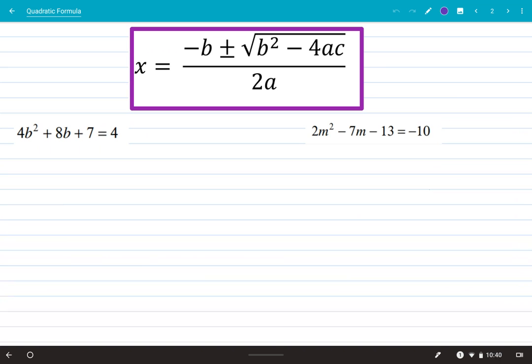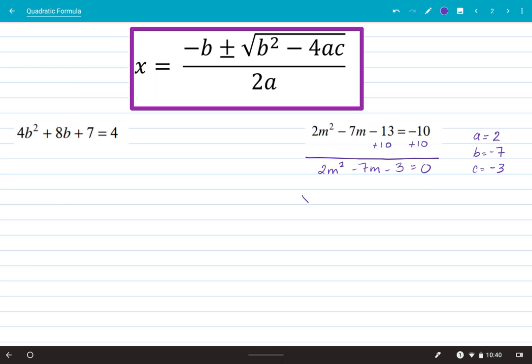Let's do maybe 1 or 2 to see how it goes. So I'm going to start with the second one. We want to move it to be plus 10. So we're going to go 2m squared minus 7m minus 3 equals 0. Find your A, B, and C. I even had students go over here and do A, B, and C if you want, whatever works for you.